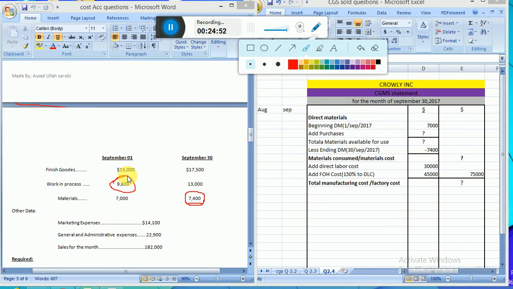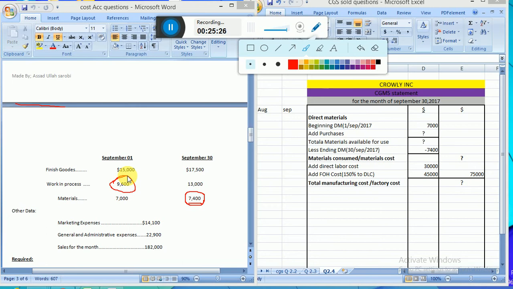Why? The 9,600 work in process cost is of the month of August. We already recorded this in the month of August, but the finished goods from this work in process will be manufactured in the month of September. So the revenue may be generated in the month of September or in upcoming months, and their cost occurred in the month of August.